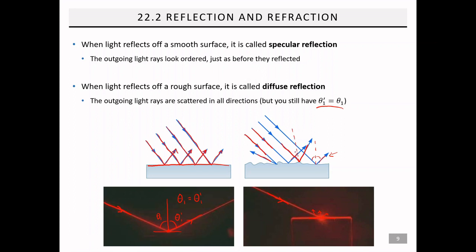If you would have drawn the normal line correctly, and then measured the two angles, you would find that those two angles are equal. For our purposes, we're going to essentially just assume that all reflection is specular reflection, unless told otherwise.